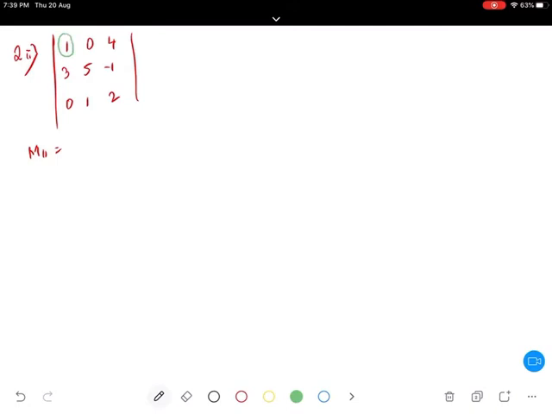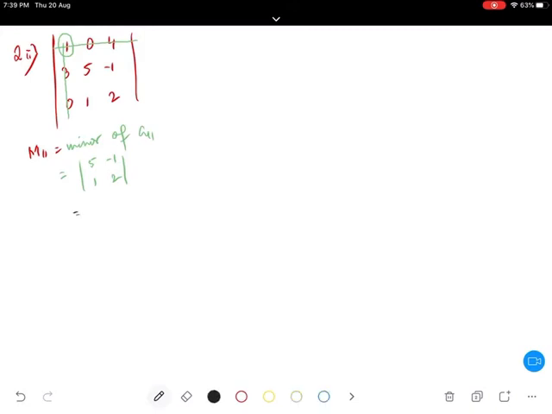M11 is the minor of A11. I will draw a vertical line and a horizontal line. Whatever elements remain, I get 5 minus 1, 1 2. Now you find the determinant of this, and that will be your minor.